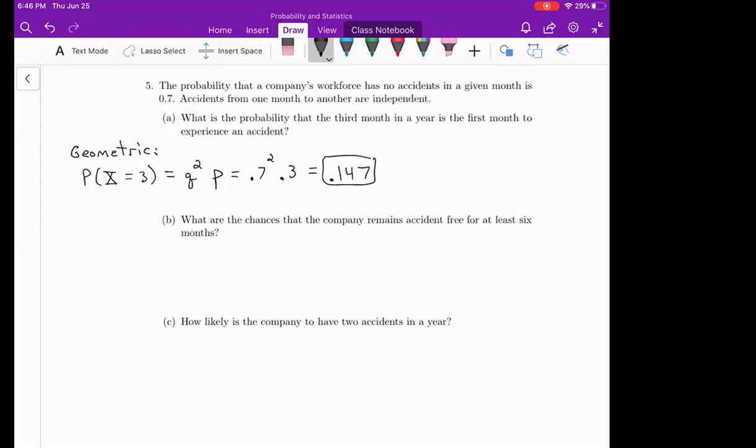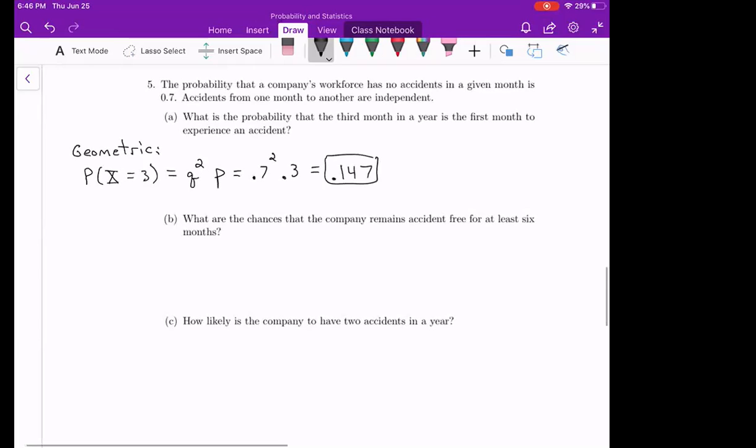Part B, what are the chances that the company remains accident-free for at least 6 months? So this is the probability that X is greater than or equal to 6.